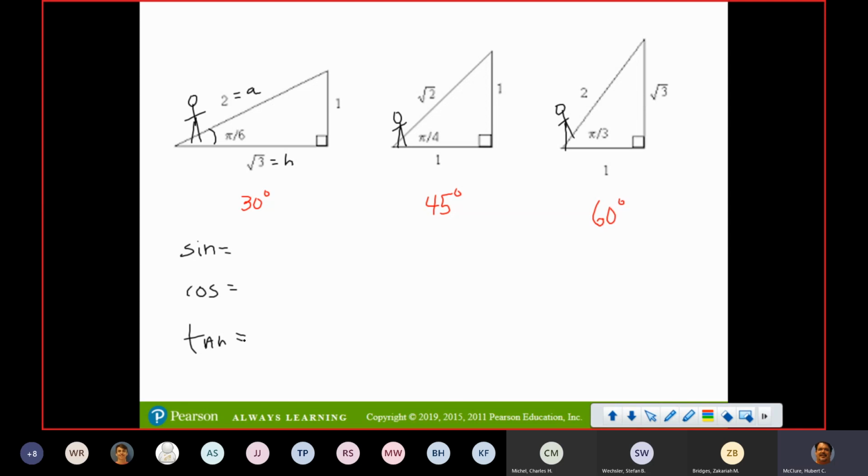So the sine, Oscar had, is equal to 1/2. Cosine, Oscar had a hunk, square root of 3 over 2.